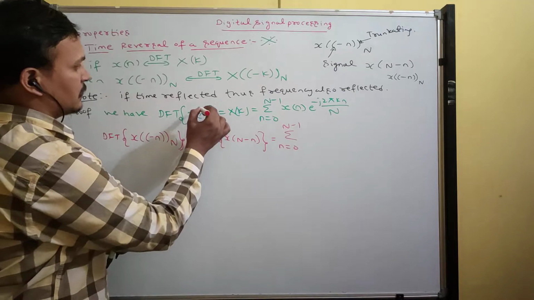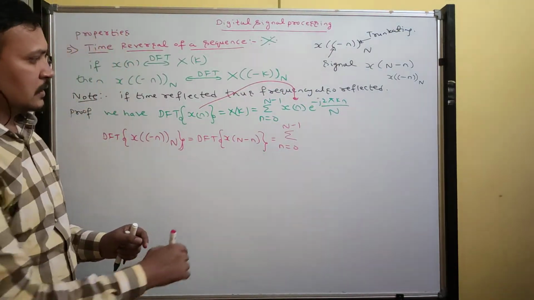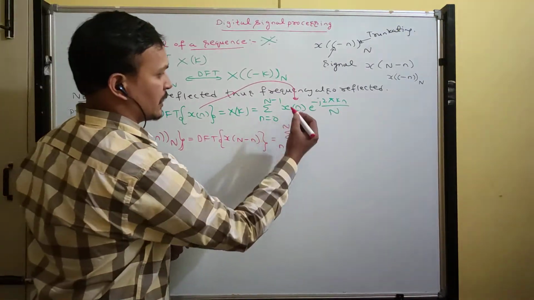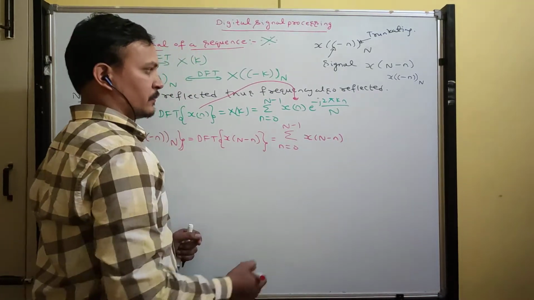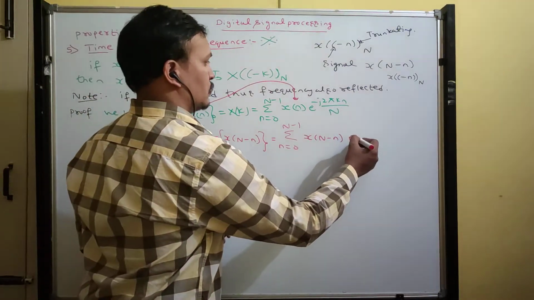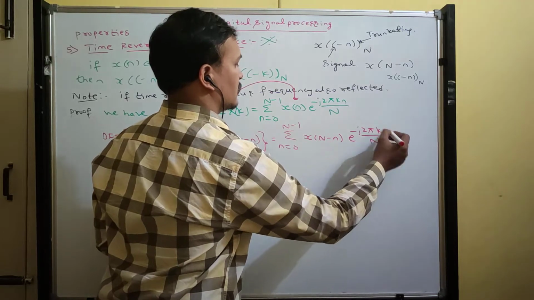So this term I should take inside the formula. Replace x of n by x of N minus n, into e power minus j 2 pi kn by N.